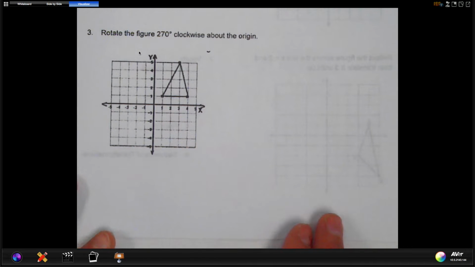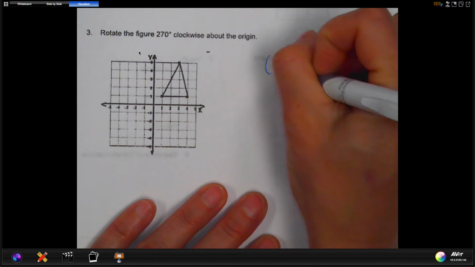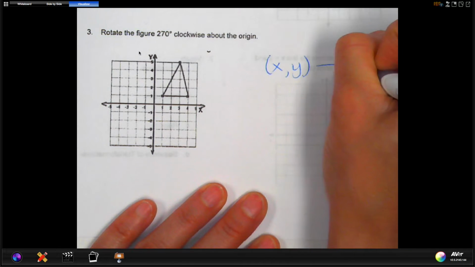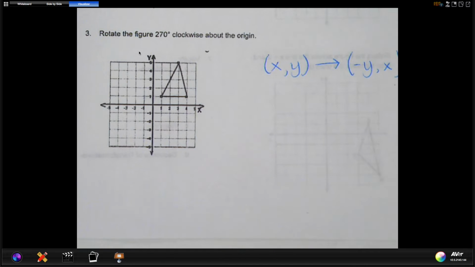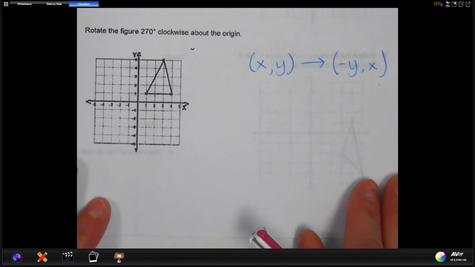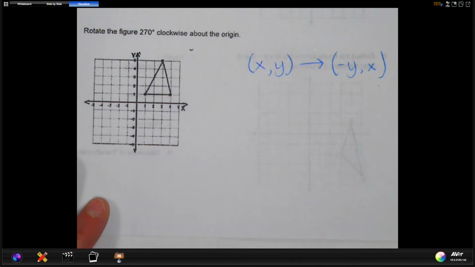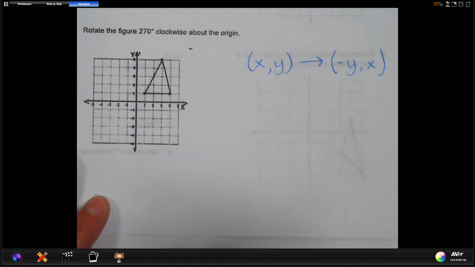This says rotate our figure 270 clockwise. Well, 270 clockwise says, according to our rules, that we are going to change x, y to negative y, x. All right, and we're going to do that in a second, but first we have to label our vertices.